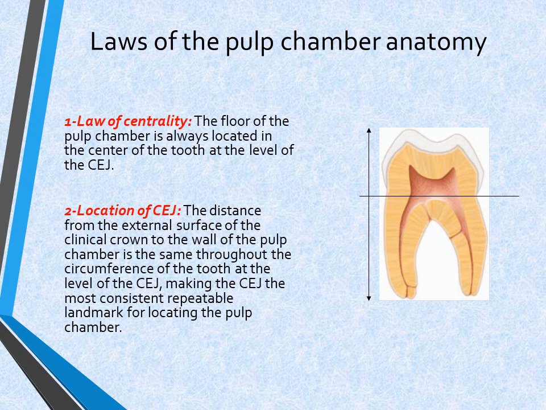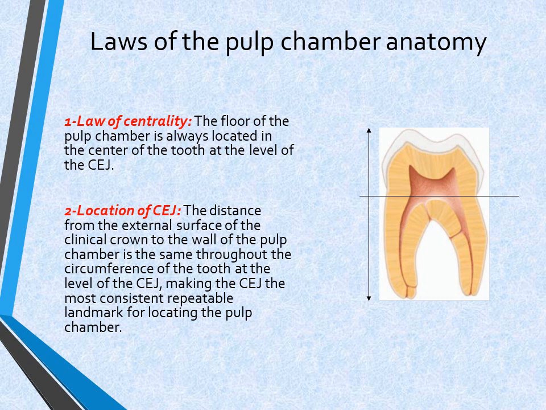I hope you know that CEJ is the cemento enamel junction. So this is a very important landmark. The cemento enamel junction is the most consistent, repeatable landmark for locating the pulp chamber, because the distance from the external surface of the crown, that means the enamel surface, to the wall of the pulp chamber is the same throughout the circumference of the tooth.